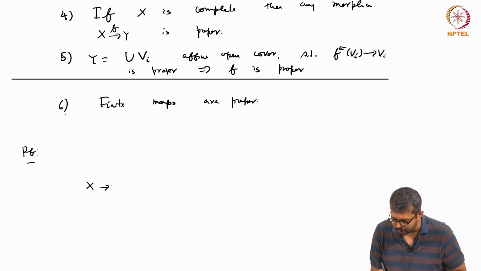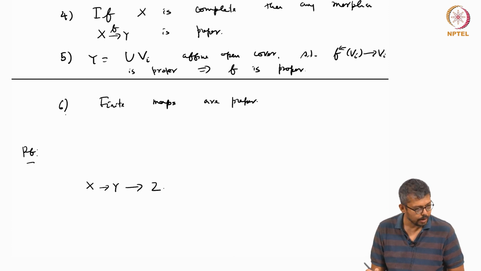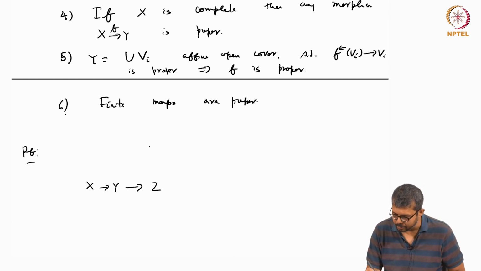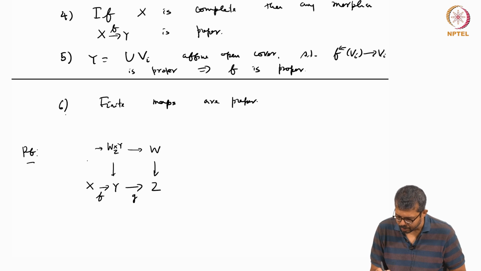See X to Y and Y to Z. Okay, and then suppose you have a map from W to Z. So let's call this F. This is G. Then you have this fiber product W cross Y over Z. You have this, and you have this W cross Y over X.